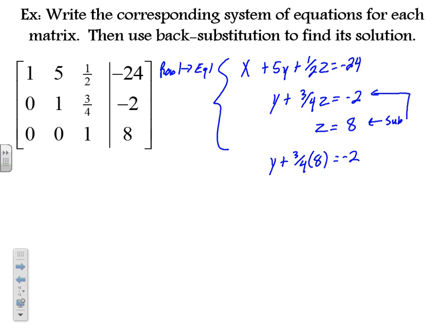Okay, so let's see what we get here. 3/4 times 8, that's just a 6. And move the 6 over through subtraction, and we get y to be equal to negative 8. So now I'm going to substitute y and z.